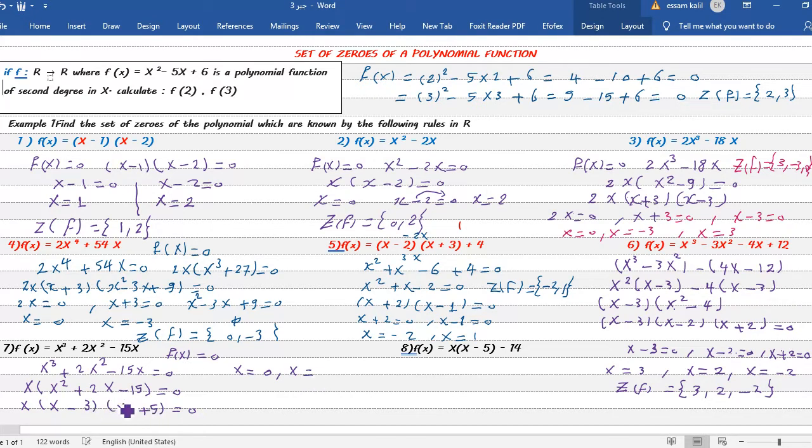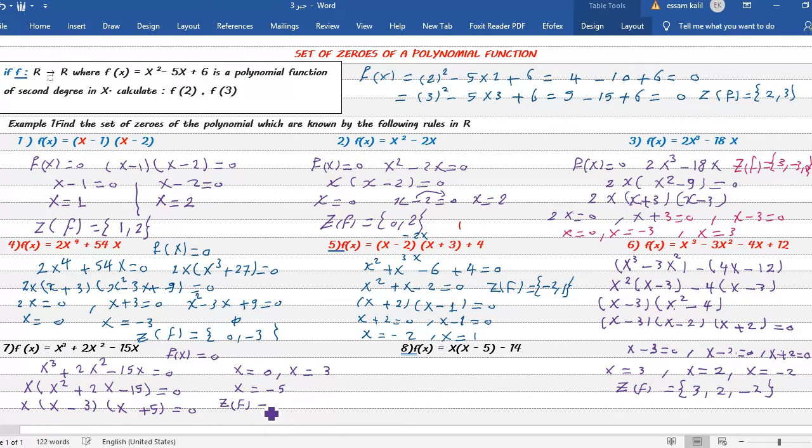Move 3 to the other side, it will become 3, and x plus 5 equals 0, then x equals what? Negative 5.